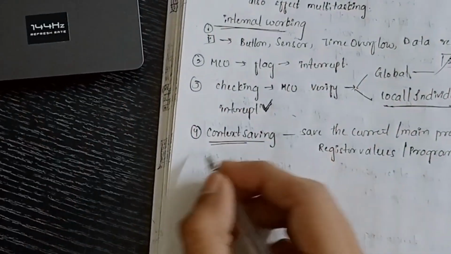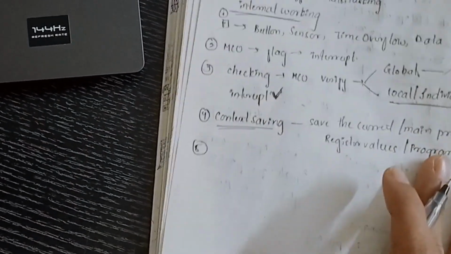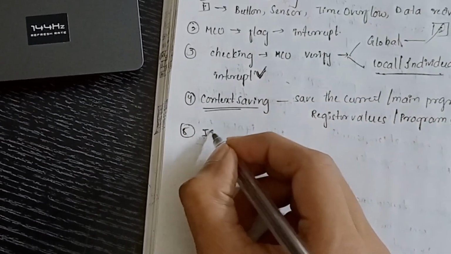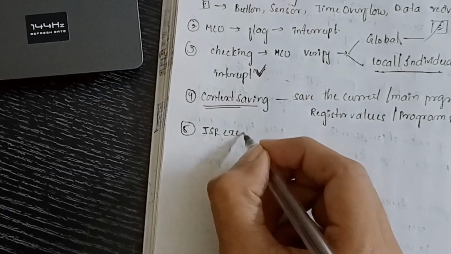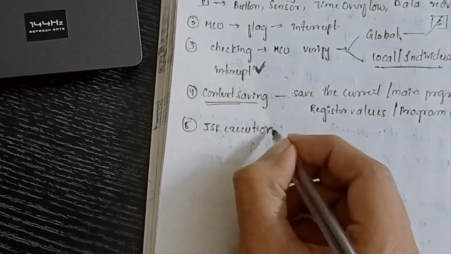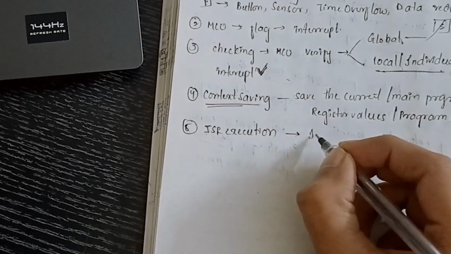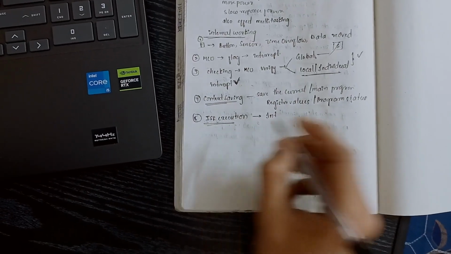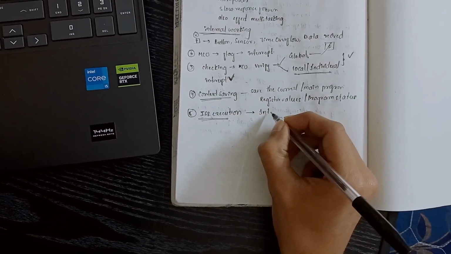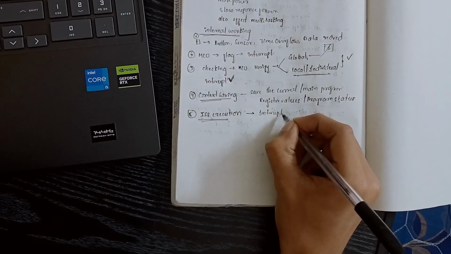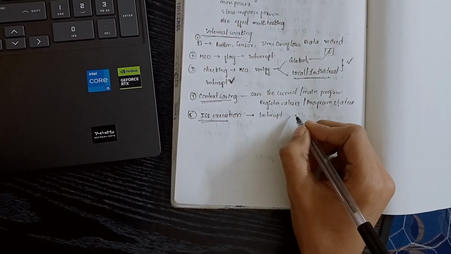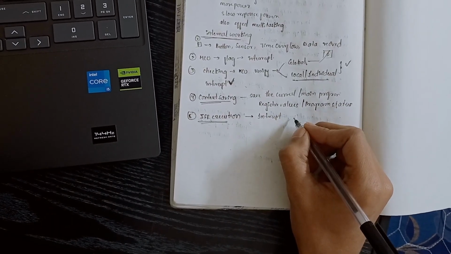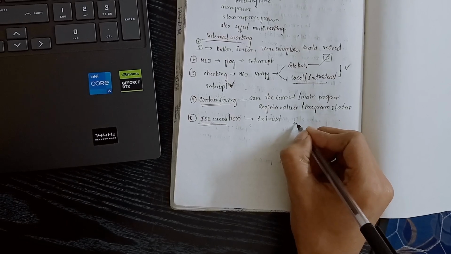And step 5 is ISR execution. ISR refers to interrupt service routine.